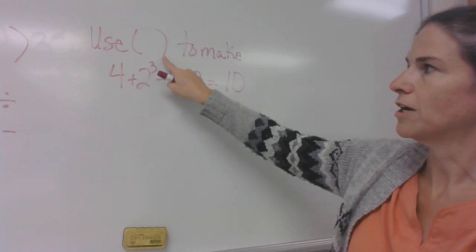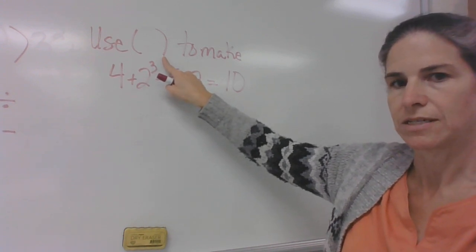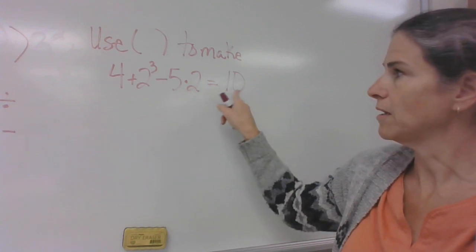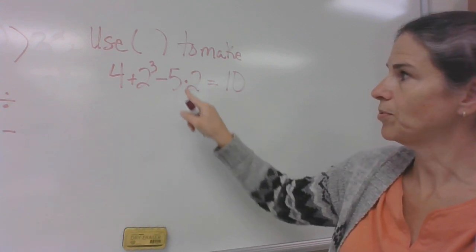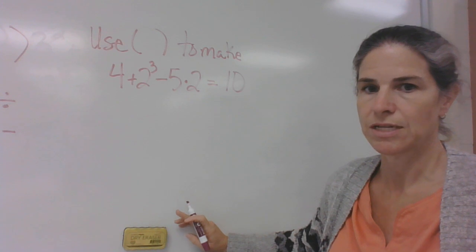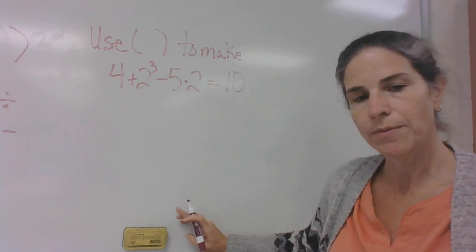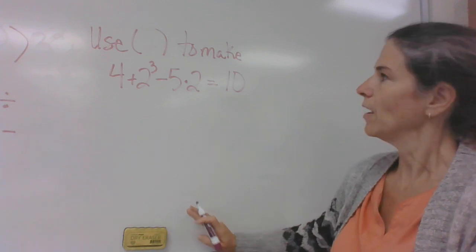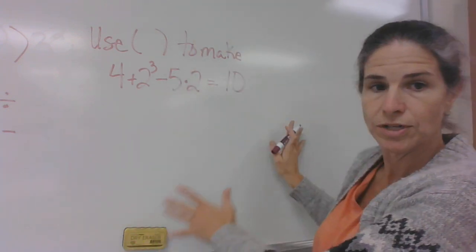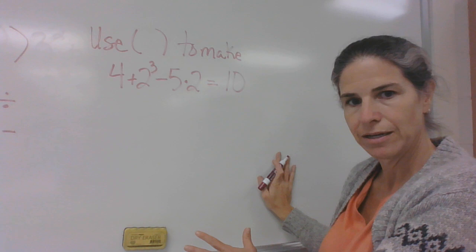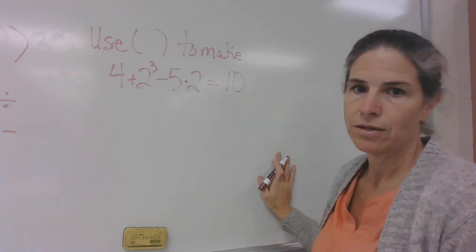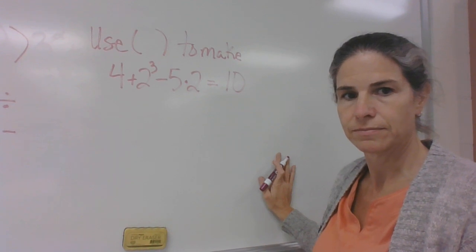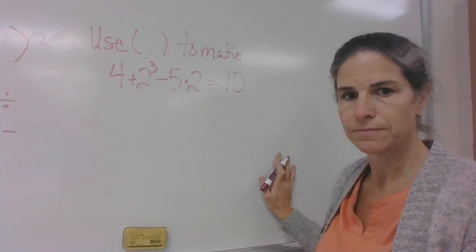I need you to try to figure out where to put the parentheses to make it equal 10. Where am I going to put those parentheses to make it equal 10? Go ahead and pause the video for a few minutes. Do some figuring out. I'm going to do my work right here so you can see everything that I tried, and then I'll walk you through it when you restart your video. So go ahead and pause.